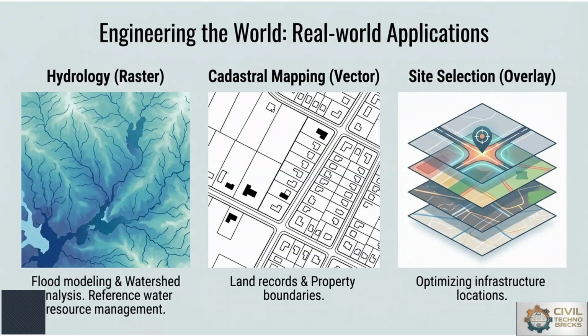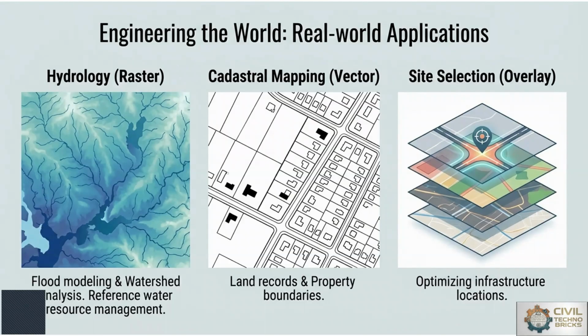These applications help engineers analyze spatial data efficiently for planning and decision making. Hydrology uses raster data, where grid-based satellite and elevation data are used for flood modeling, watershed analysis, drainage pattern identification, water resource management, and many more. Raster data is highly suitable for terrain and environmental analysis.